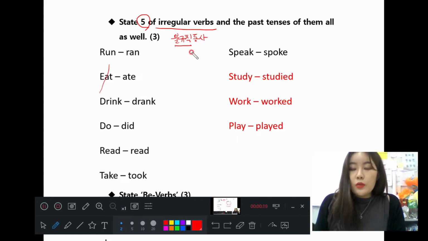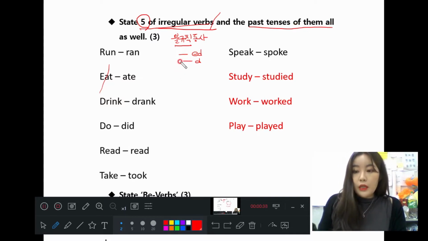So 불규칙 동사 never ends with ed or d when we are making them into the past tense, right? So it says 5개의 불규칙 동사를 쓰고 과거형들도 쓰세요. Okay? So the first irregular verb that we learned was run. Run, ran. This is the past. This is the present form.